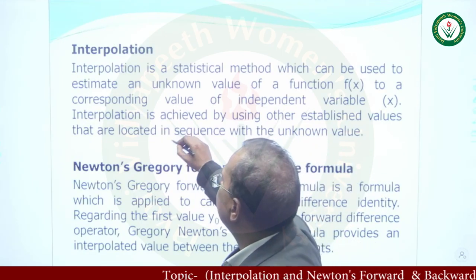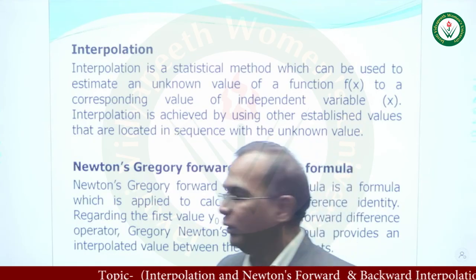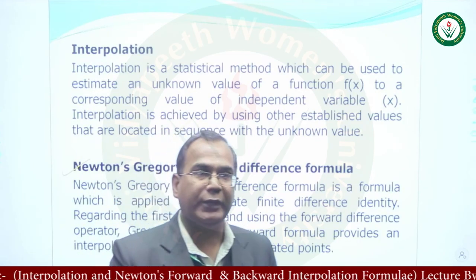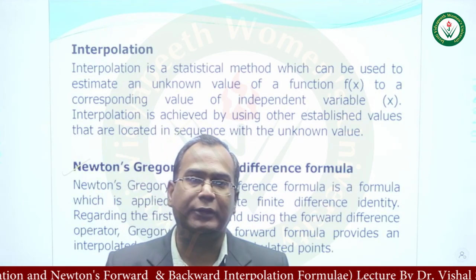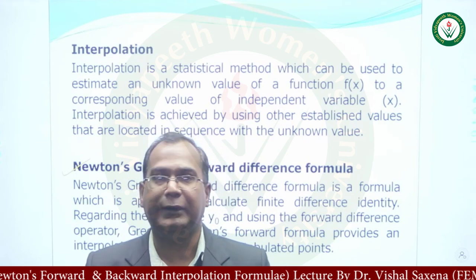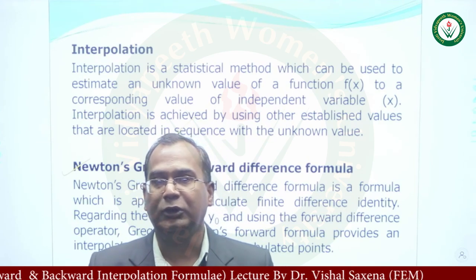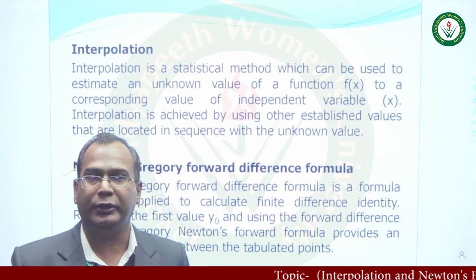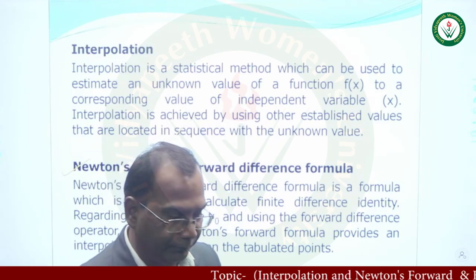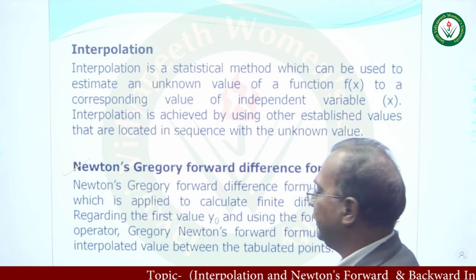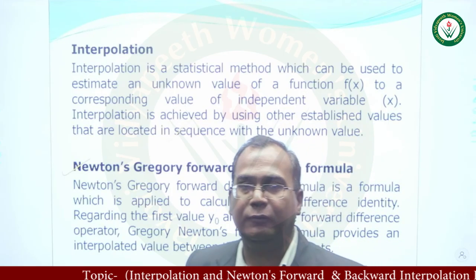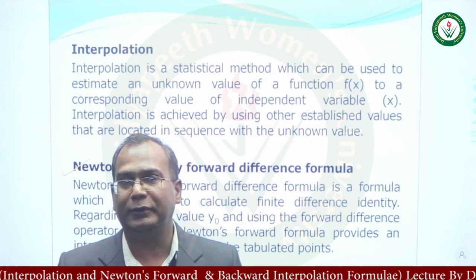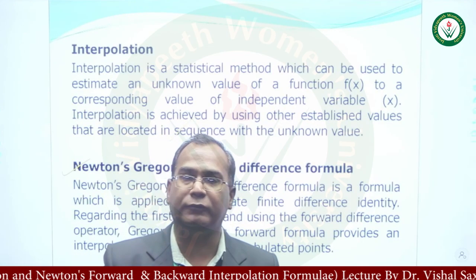So this is interpolation, which we have just discussed. As we already know, we have already discussed the forward, backward and central difference tables. Now we take the first formula, known as Newton's Gregory forward difference formula, or Newton's Gregory forward interpolation formula. This formula will give you the value of the function f(x) for some particular value of x, where x lies at the beginning of the given table.